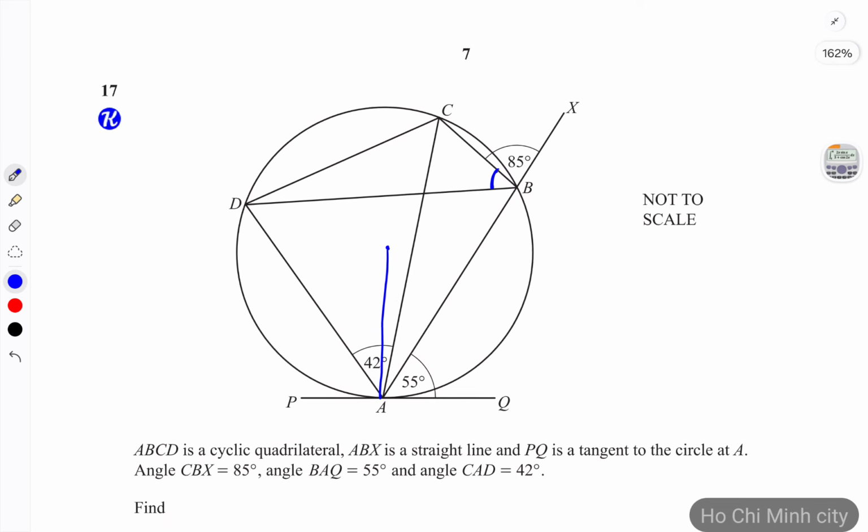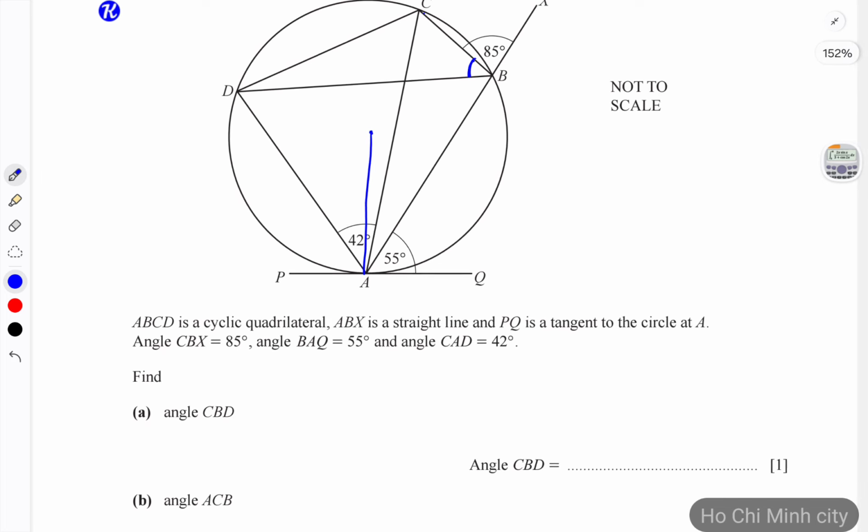Because ABCD is a cyclic quadrilateral, the two angles CBD and CAD are both subtended by the chord CD.